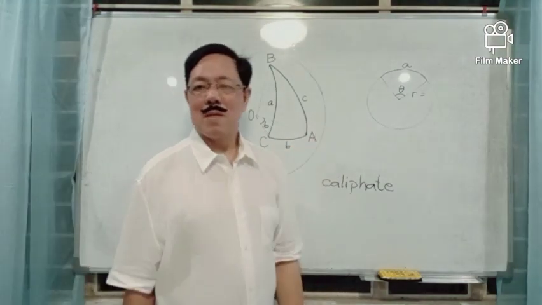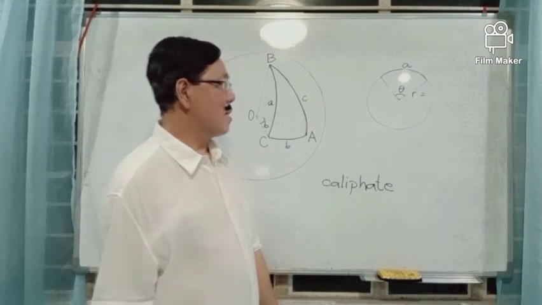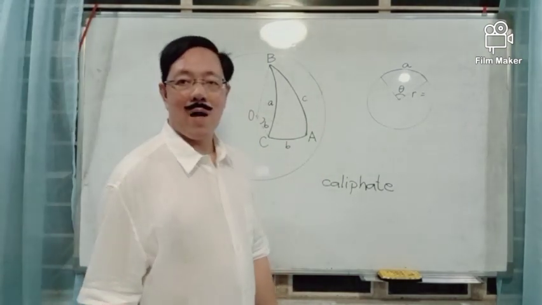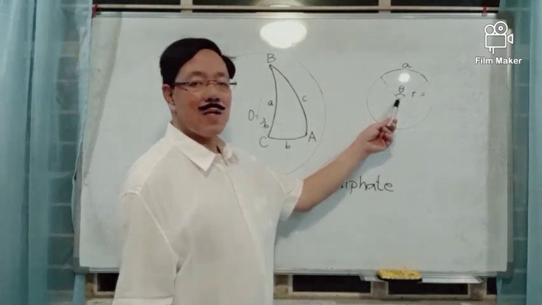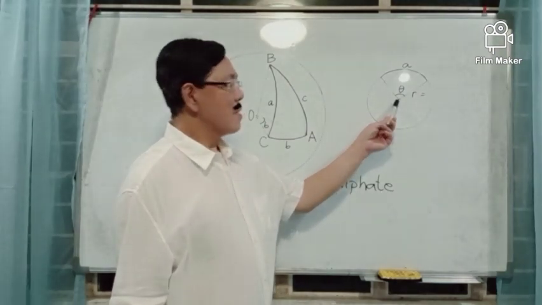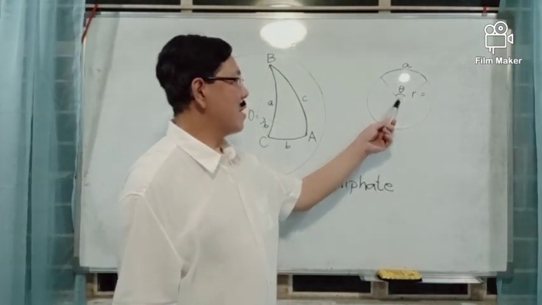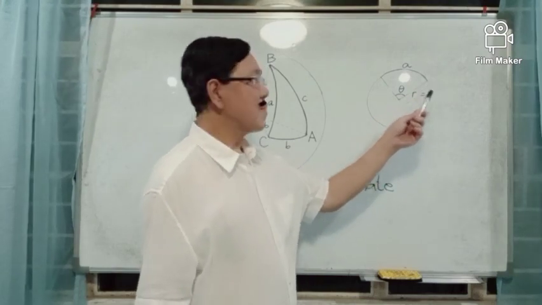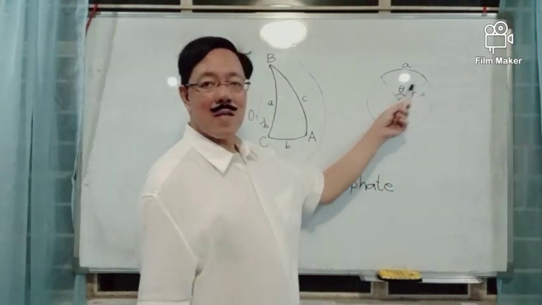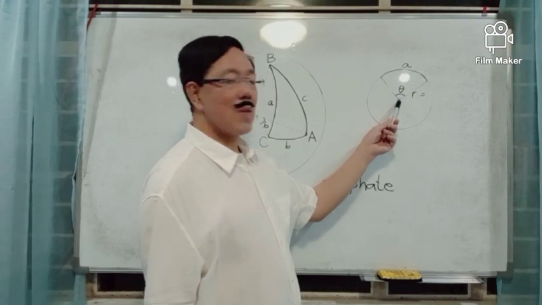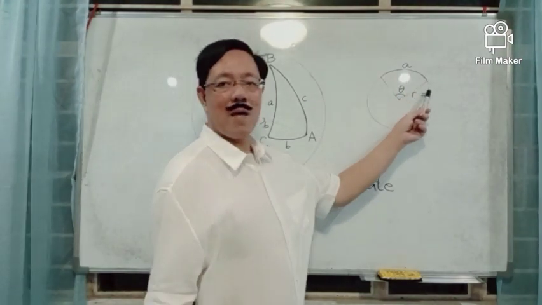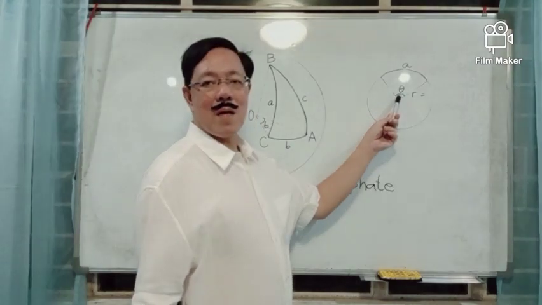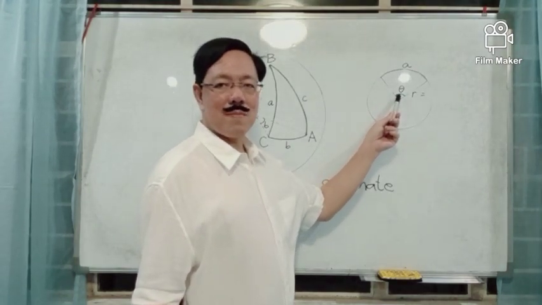In a circle in the plane, the length of an arc is easier to find. Here, this is the center of the circle, and R is the radius of the circle. The central angle, the angle with vertex at the center of the circle, subtended by this arc A, is given by the angle theta.